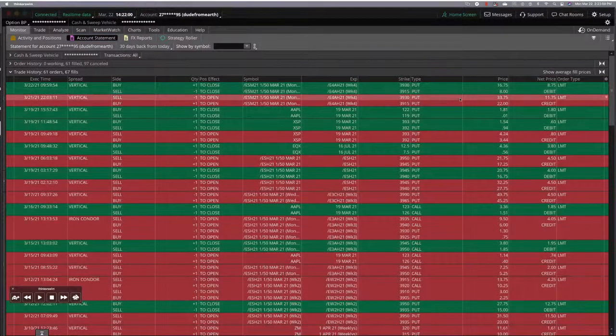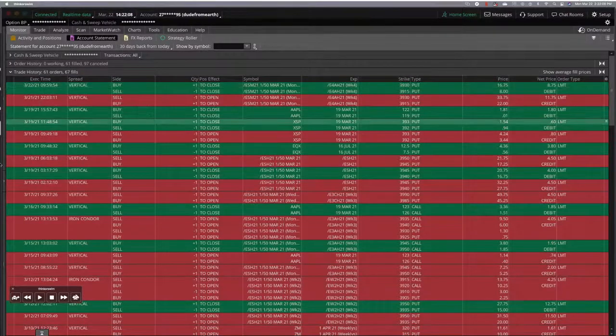So here's the trade right up here. You can see we started with $11.75 credit, exited with $8.75 credit.